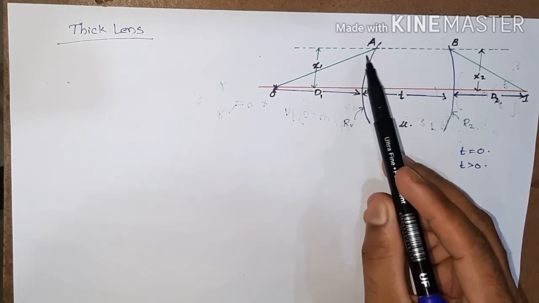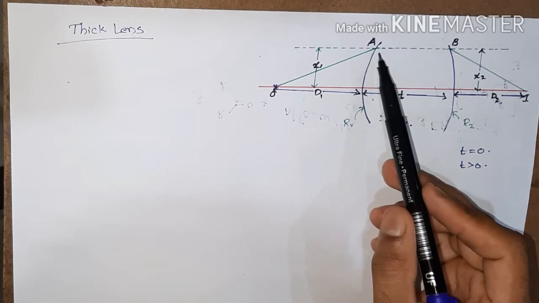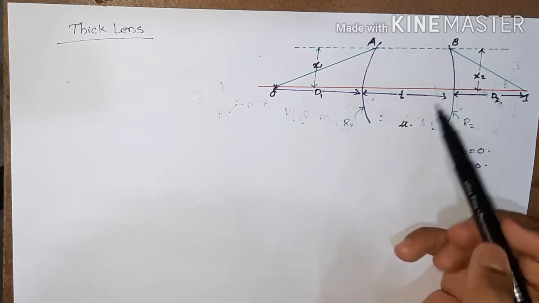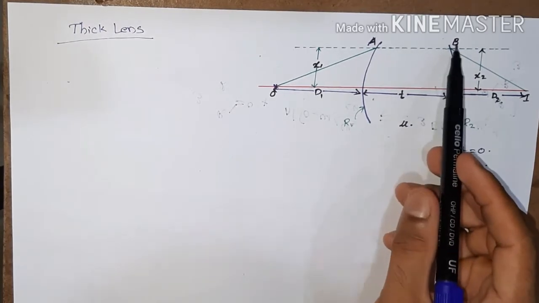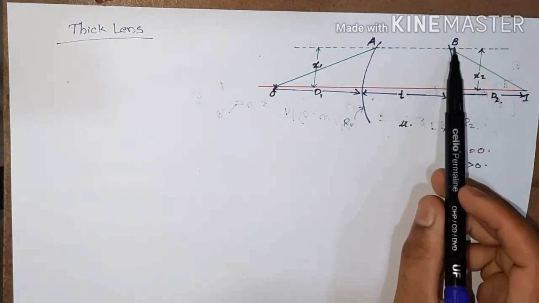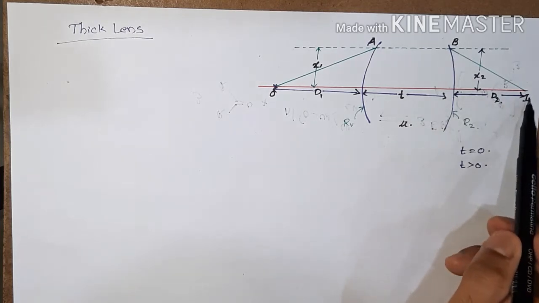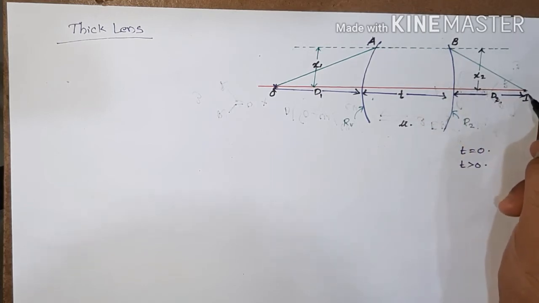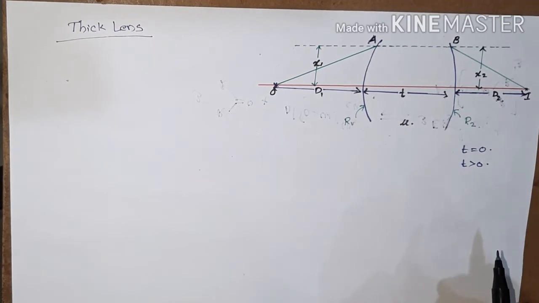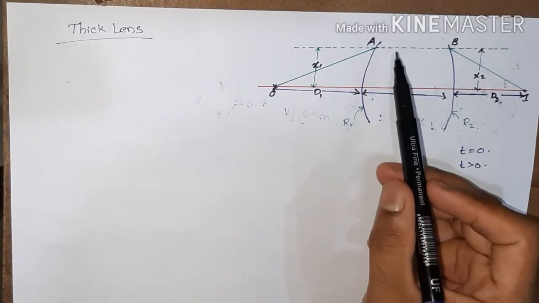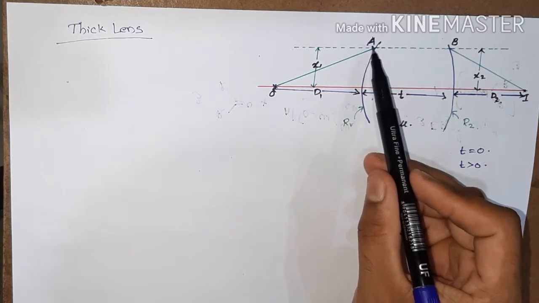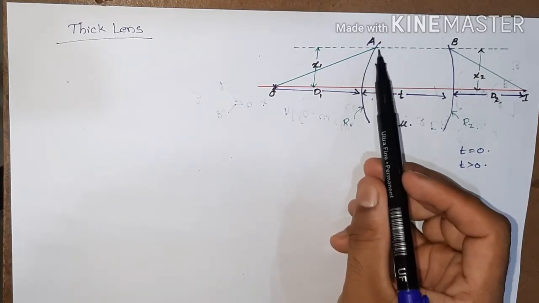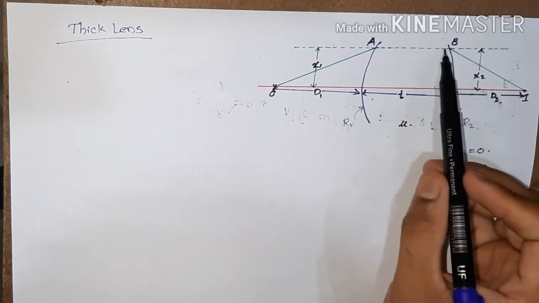After being incident on the first refracting surface at point A, the light ray enters the lens and undergoes a translation from A to B. The ray then emerges from this thick lens of thickness T at point B. After refraction at B, the light ray goes to the point I, which is again on the optical axis of the lens, and at point I the image will be formed.